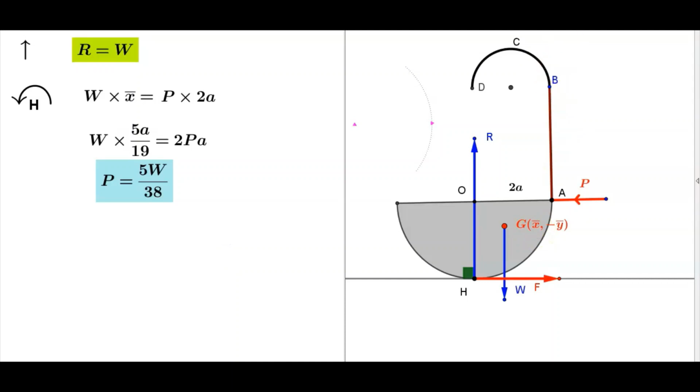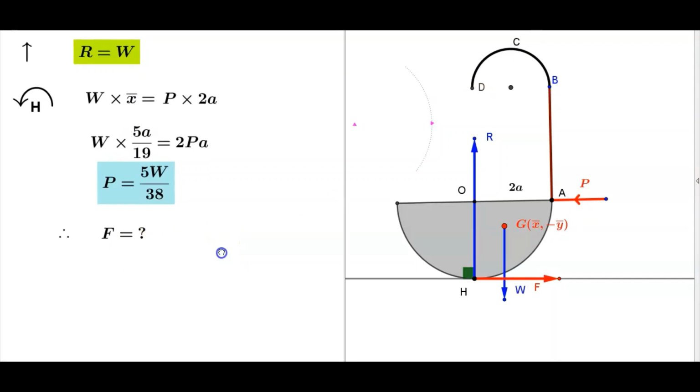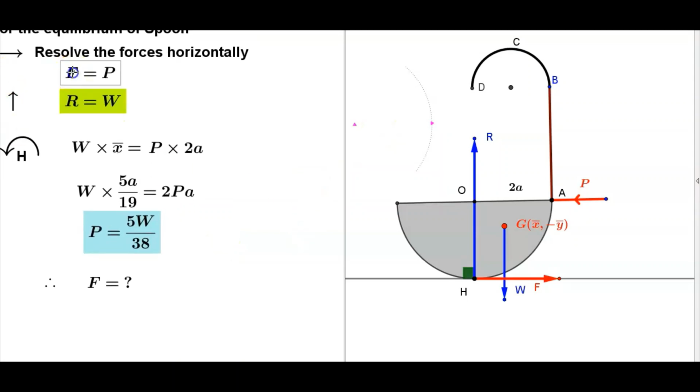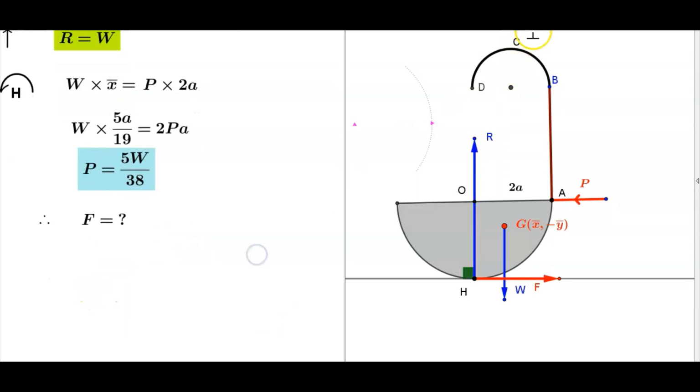This is the force applied at point A to keep OD vertical. So what is F? F is equal to P, no? Therefore F is also 5W by 38.